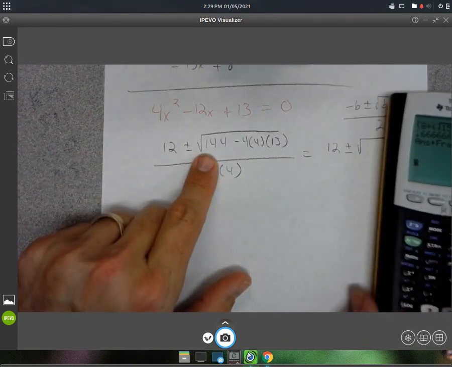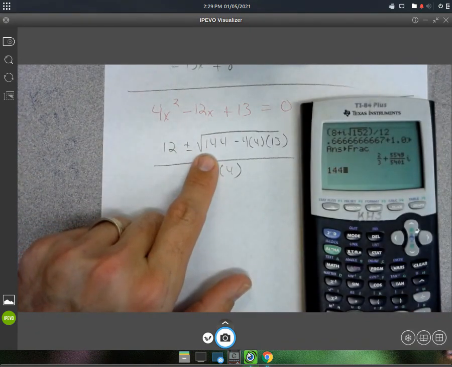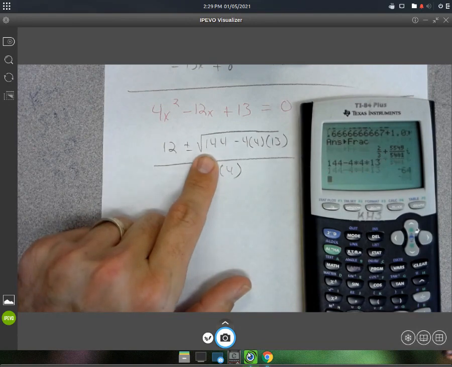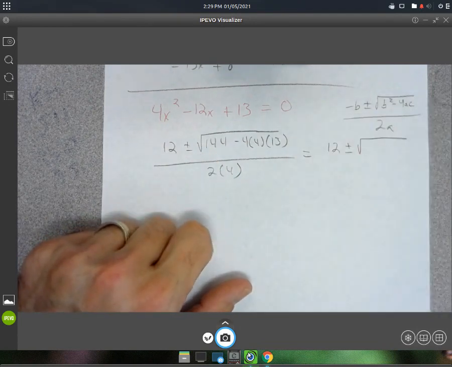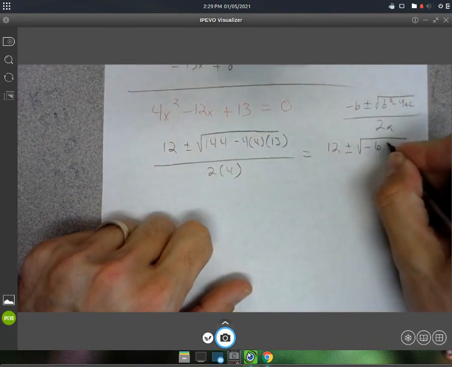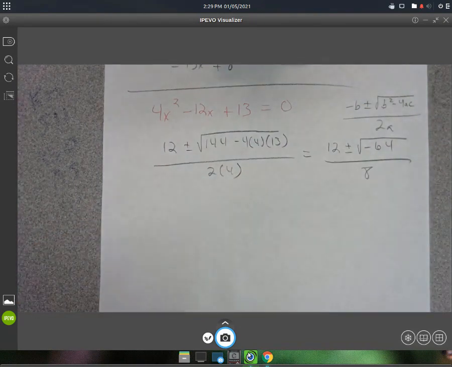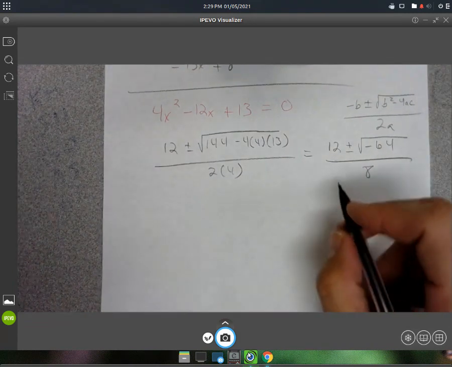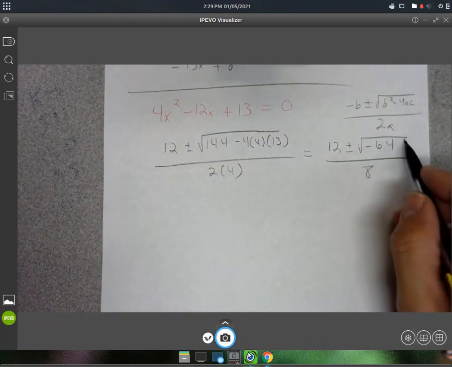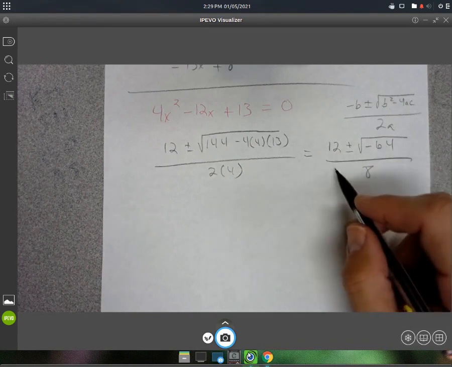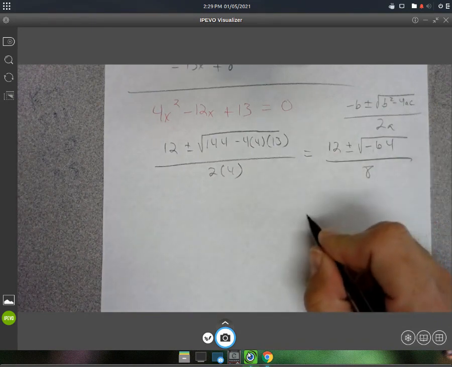Let's do this part. Calculator here. 144 minus 4 times 4 times 13. So we get negative 64, which is a perfect square. That's kind of nice. Let's see. Square root of 64 is 8, but there's a negative there.